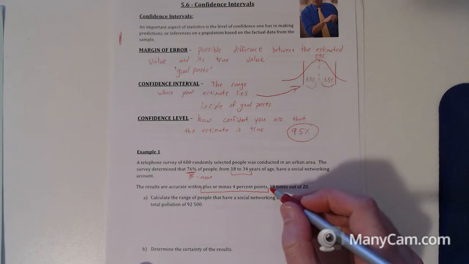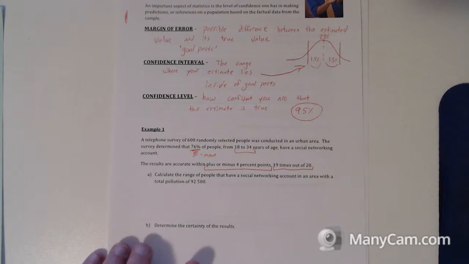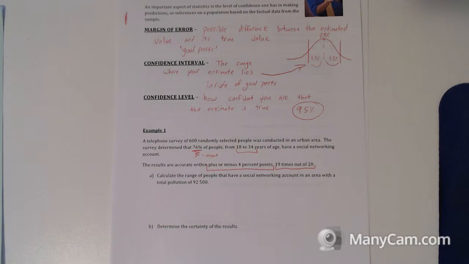And then this last thing, 19 out of 20 times it falls within 4% points. So sometimes it doesn't even fall within 4% points, but almost every time they do it, if they did this actual survey like 100 times, 19 out of the 20 times, the goalposts were 4 points on either side, it was somewhere in that range.